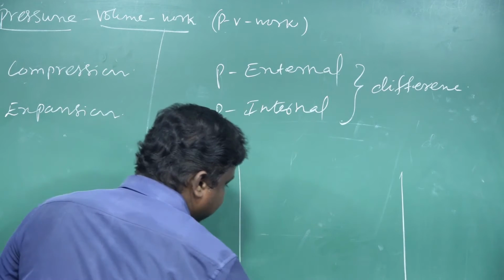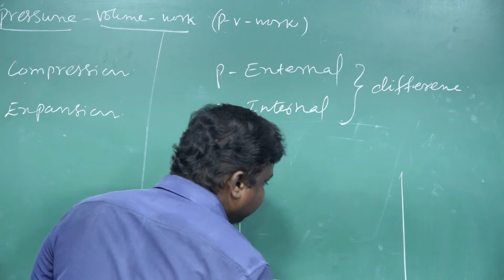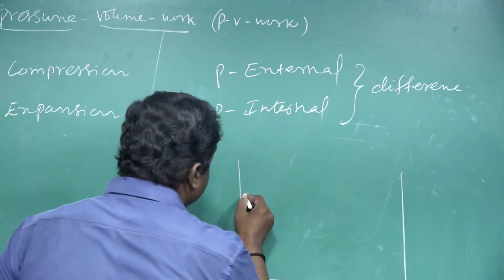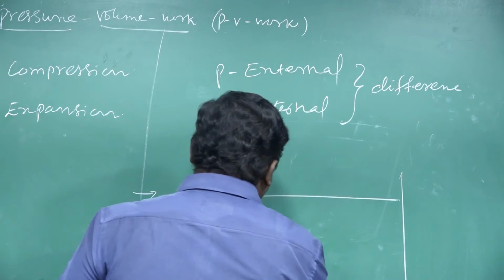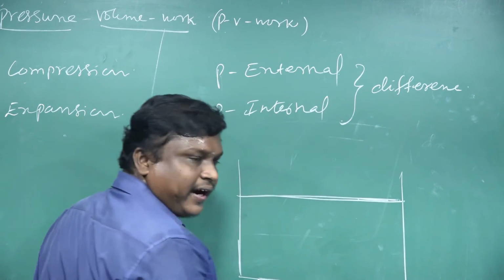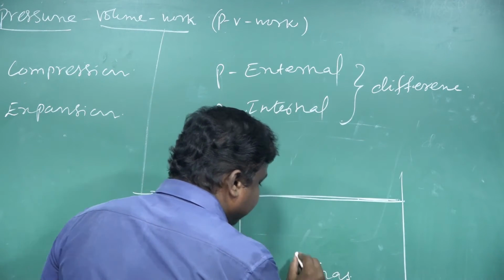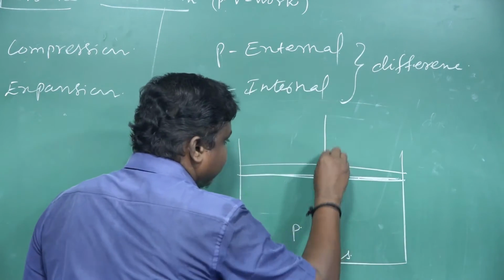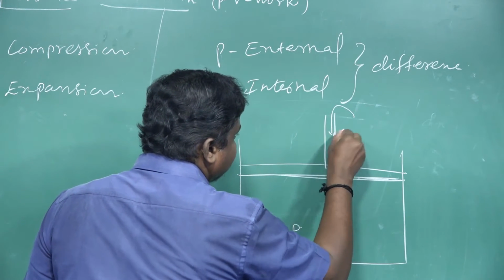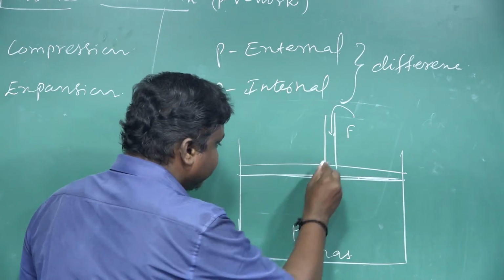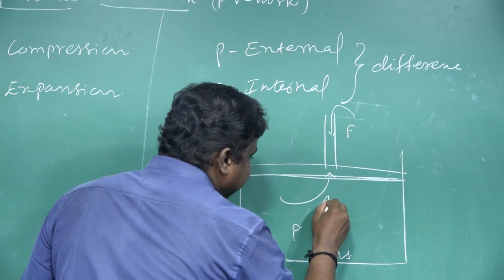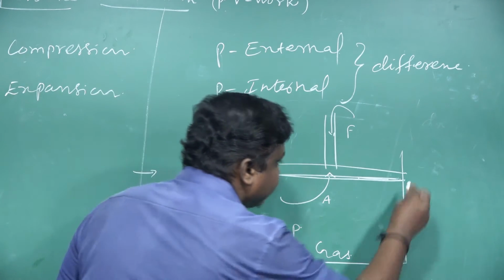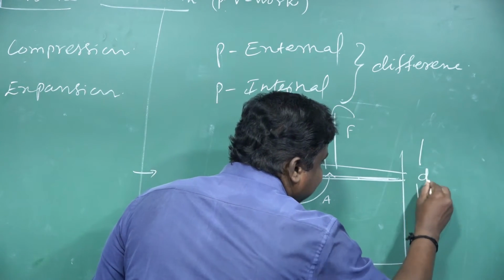Let us consider a cylinder filled with n mole of ideal gas. That is the gas, with internal pressure. The piston has a force and a cross-sectional area A, and this displacement is dx.